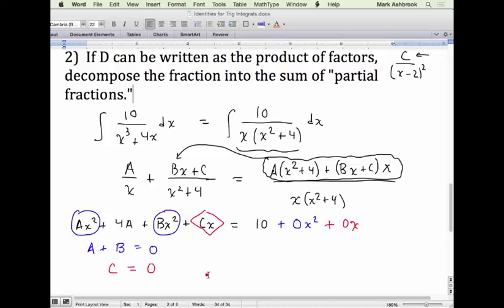Just the coefficient. We like that. That automatically gave us one. And then finally, constant. That's the only constant, 4A equals 10. So this is easy. A equals 5/2. B equals -5/2. C equals 0.